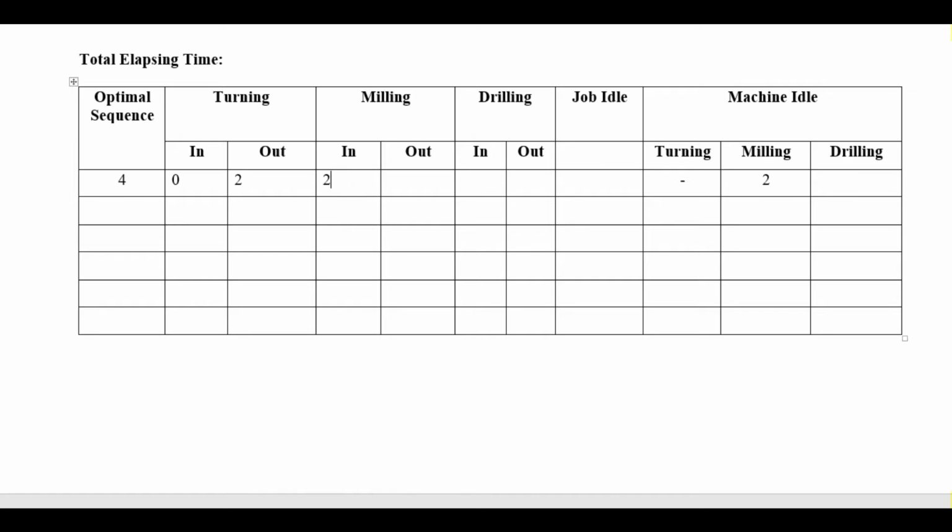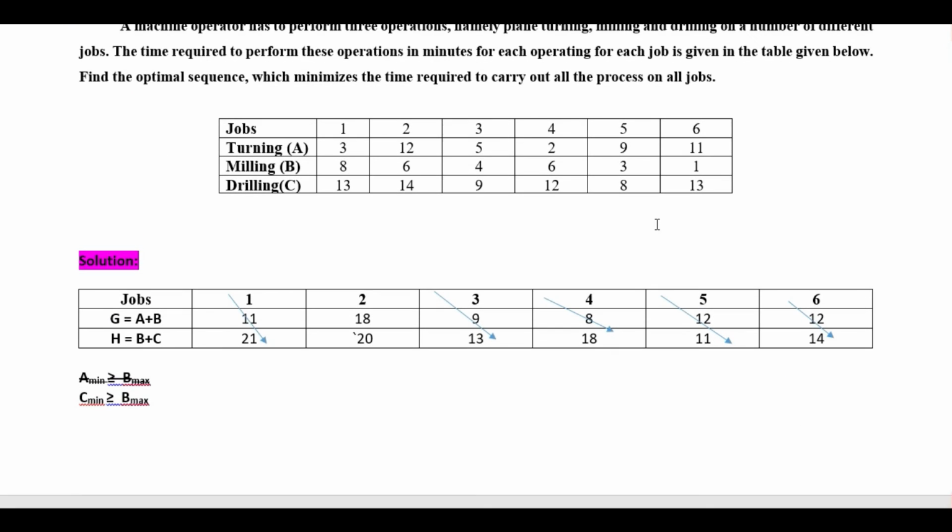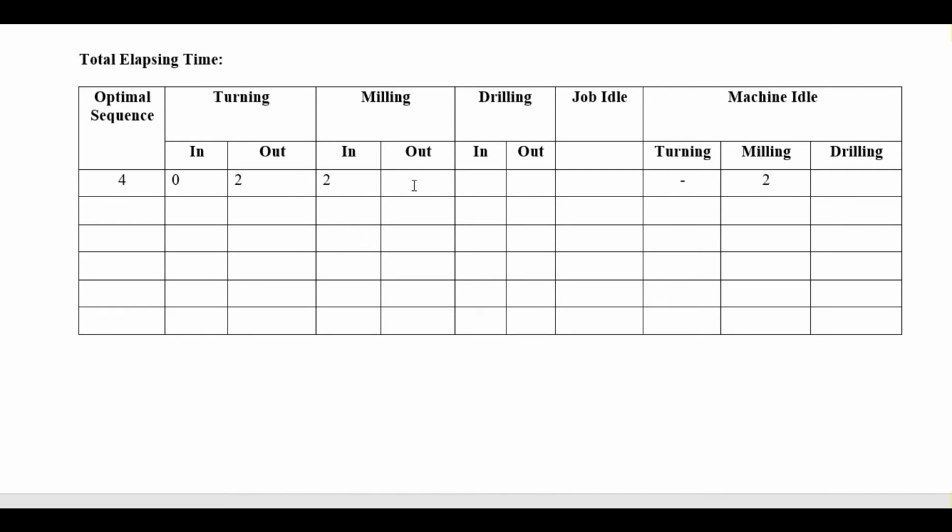After 2 minutes only the fourth job can be loaded into the milling machine. The milling operation of the fourth job takes 6 minutes. So as an overall processing time of turning and milling, after 8 minutes the milling operation will be completed for job 4.